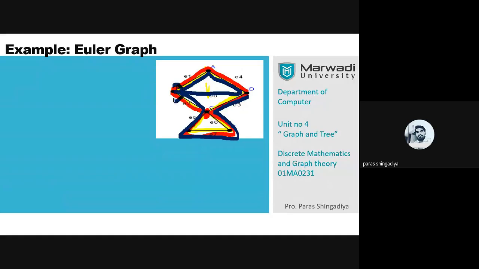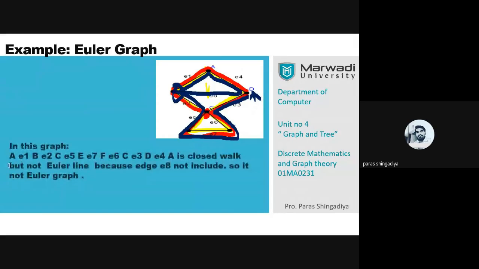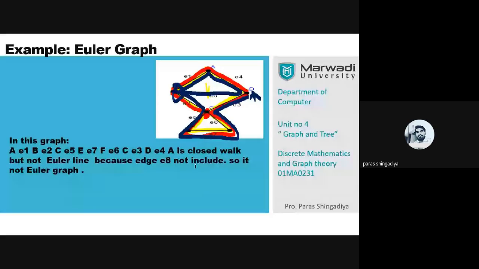My starting point is B, and I again reach back to B, but my journey ends at D. So that is also not an Euler line. So this graph contains A, E1, B, E2, C, E5, E, E7, F, E6, C, E3, D, E4, A, which is a closed walk but not an Euler line because E8 is not included, and therefore it is not an Euler graph.